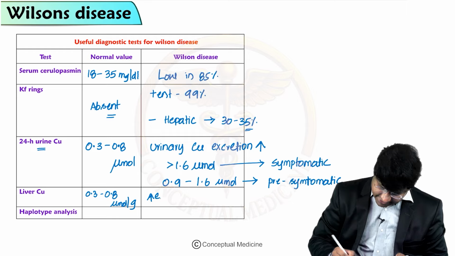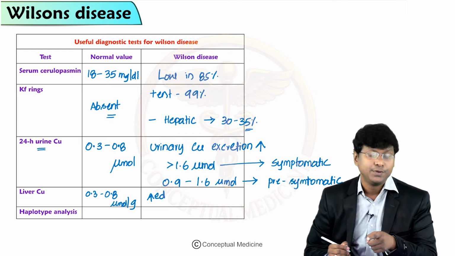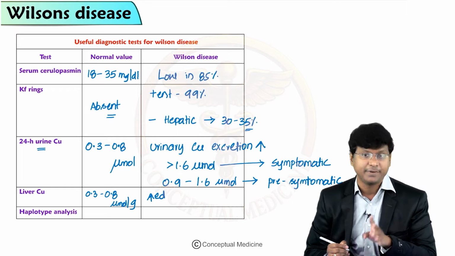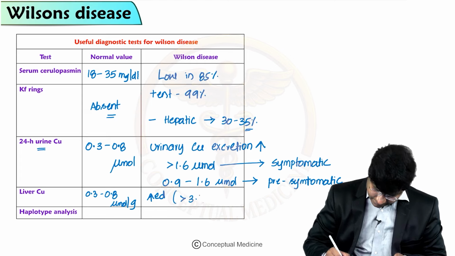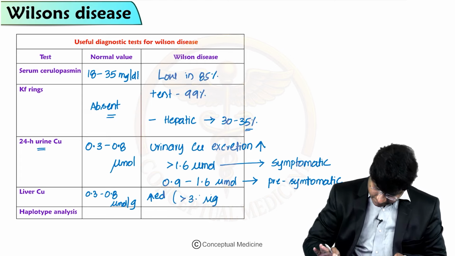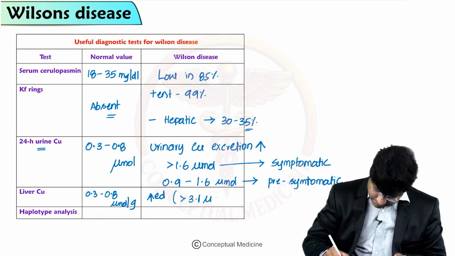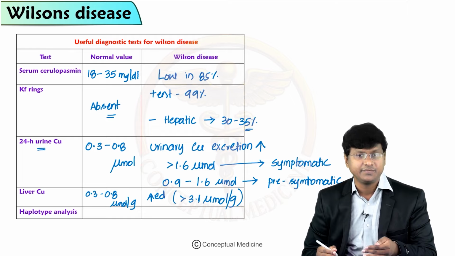And how much is that? It is increased to more than 3.1 micromoles per gram. Okay, so that will be the liver copper in Wilson's.